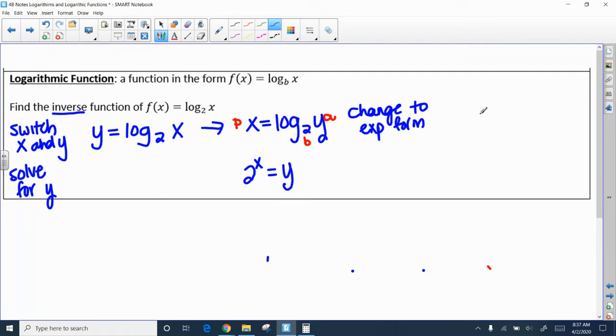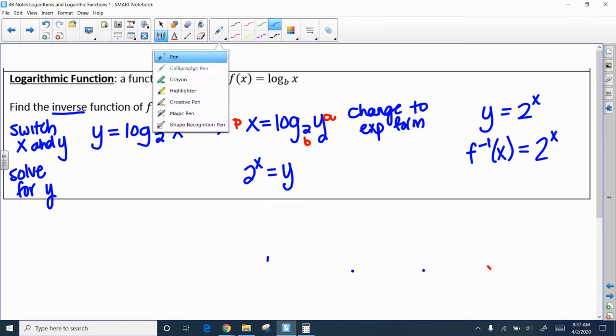So this is my equation. y equals 2 to the x power. Or remember, the inverse notation would be f inverse of x. That's the f with the little -1. f inverse of x equals 2 to the x power.